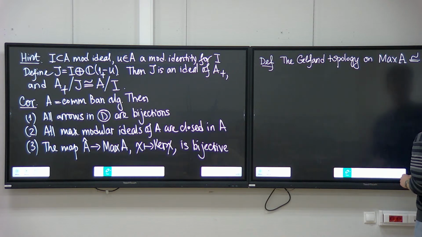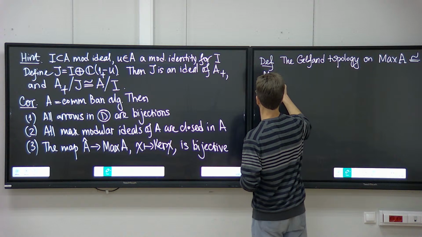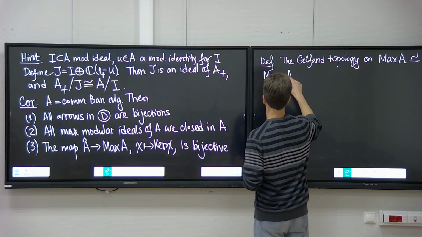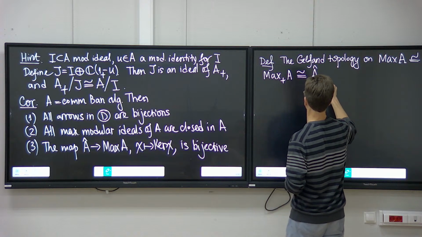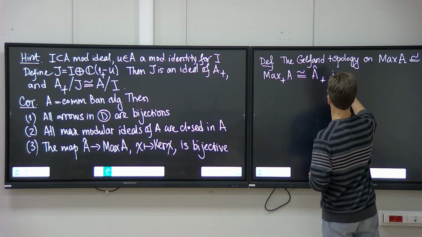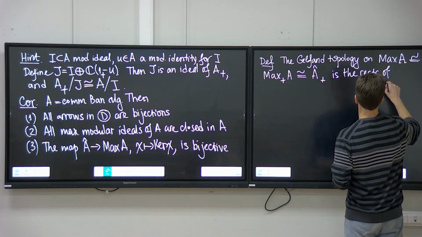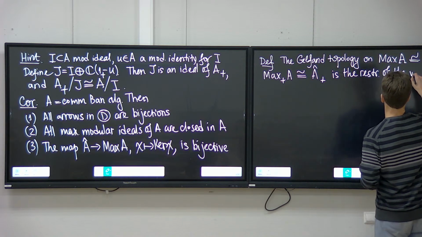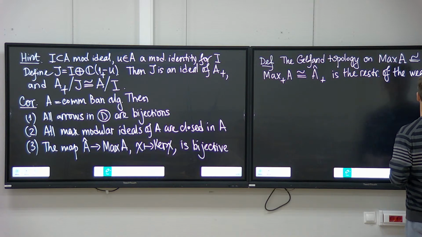And it will also be convenient to define the Gelfand topology on max plus of A, which is again canonically identified with A hat plus, to be the restriction of the weak star topology on A star.